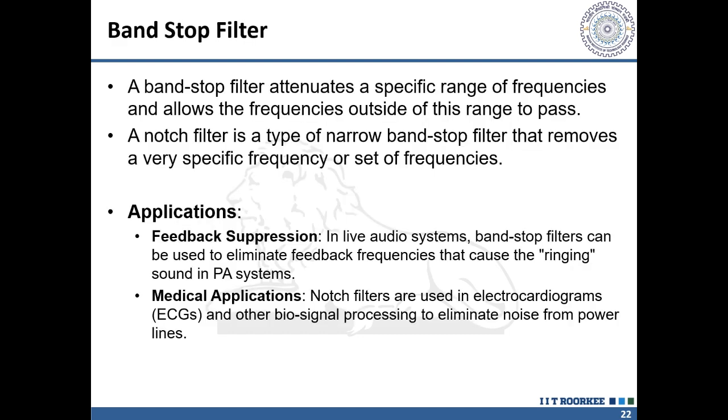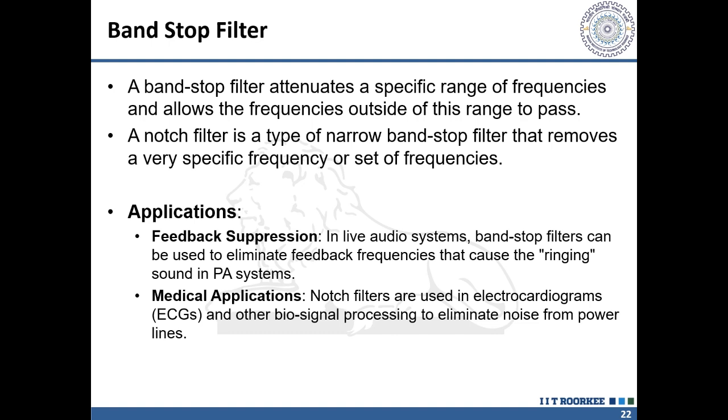So a band stop filter, again, it cuts a band and removes the frequencies from it. And this is very useful in cases of feedback suppression, where, if we are coordinating certain entities producing sounds, it might happen that a particular frequency is ringing a lot and we need to remove it.